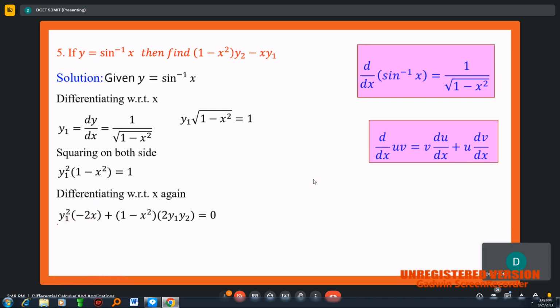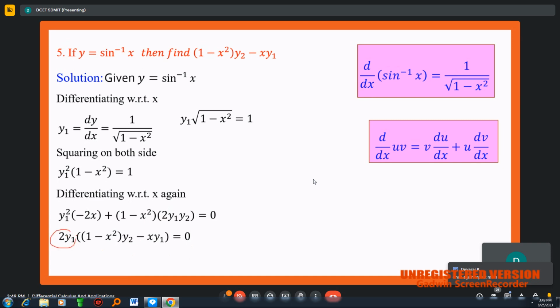Now I can take y1 as a common term, and 2 is also there, so 2 also we can take as a common term. So I'm taking 2y1 as a constant. 2y1 into 1 minus x square into y2 minus x into y1 equal to 0.